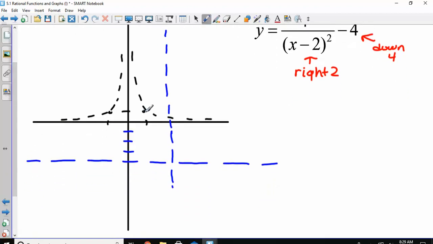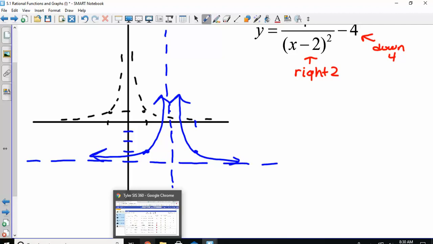Now I just take my points, right 2, down 4. So moving left and right moves the vertical, up and down moves our horizontal.